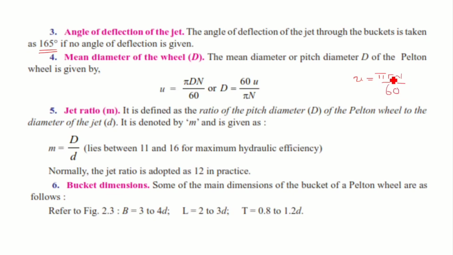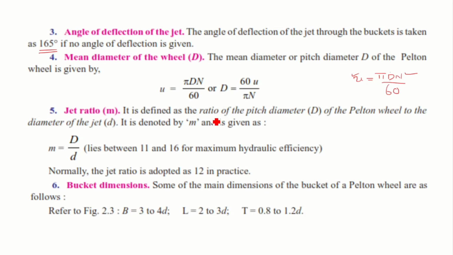D is the diameter of the runner, N is the rpm of the runner. From this equation, if the value of u is known, then you can get the value of D. So value of N will be given in a problem, so you can find the value of D, that is the diameter of the wheel.